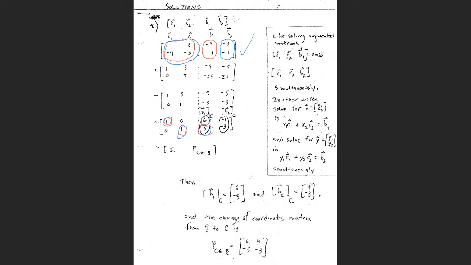But then we also have y1 equals 4 and y2 equals -3, and hence you get that other coordinate vector.